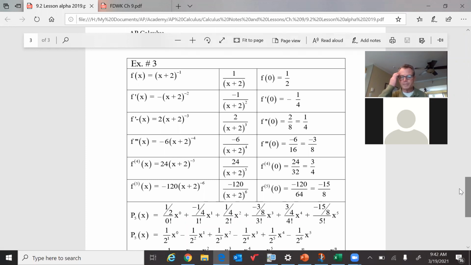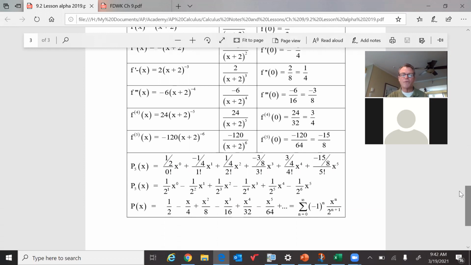What happened? Well, here's the function. So I put 0 in there, I get 1/2. I put 0 in the derivative, you get -1/4. You put 0 in the second derivative, you get +1/4, and so on. So you just get down here and you paste those as coefficients.